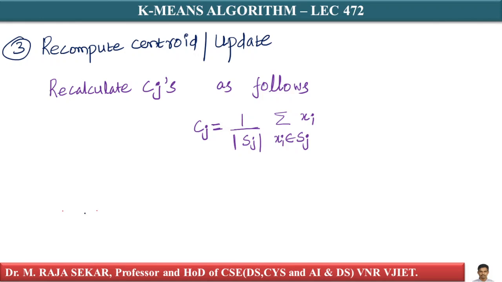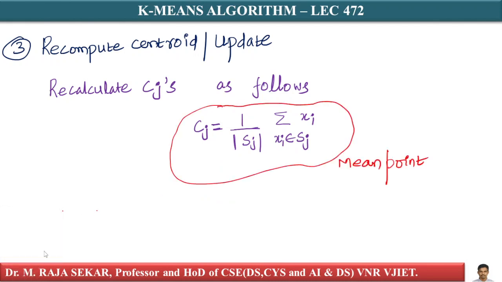You will update each Cj: for each Cj, there is a corresponding Sj, and you take all the points that belong to Sj. This Cj is the mean point or central point.